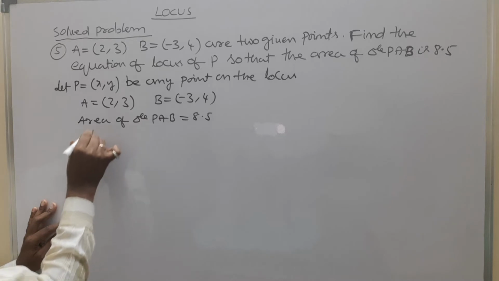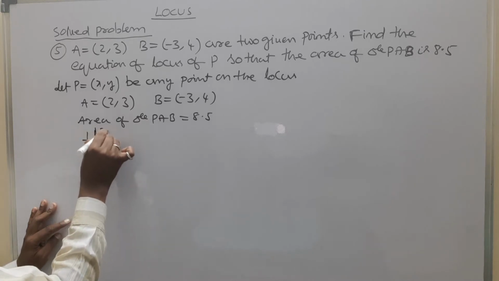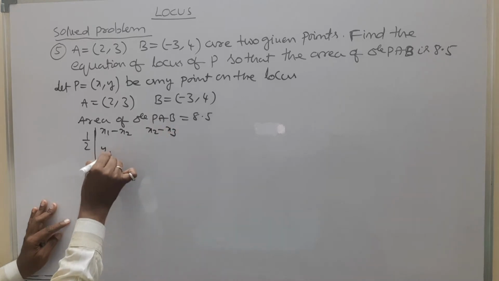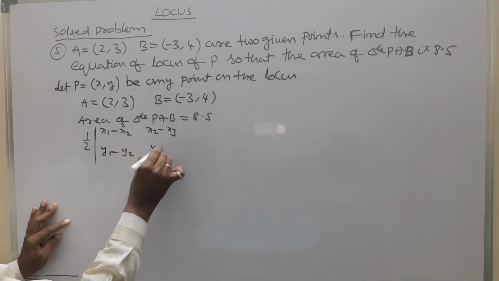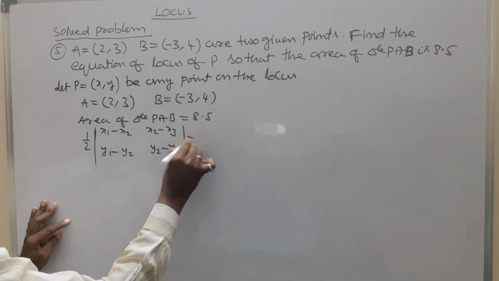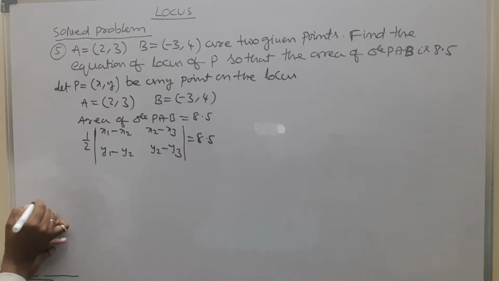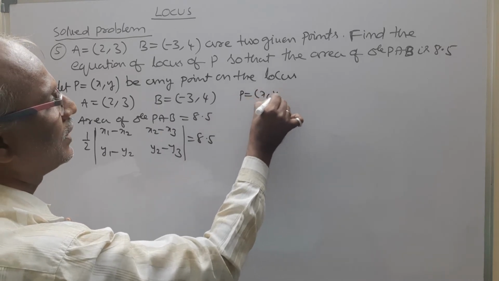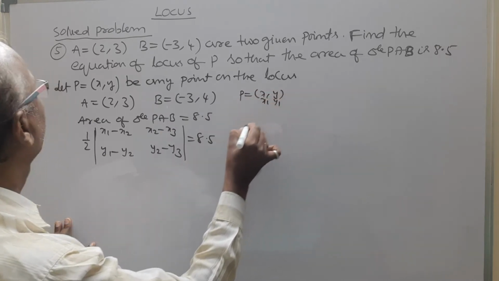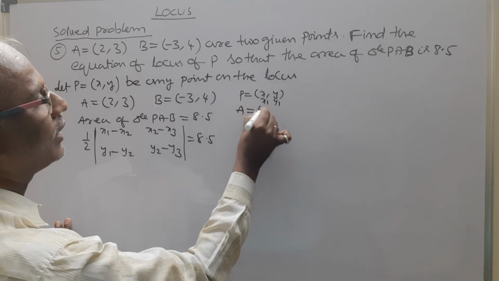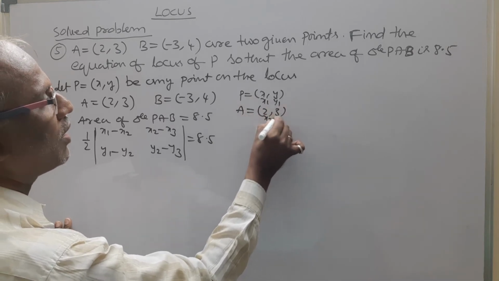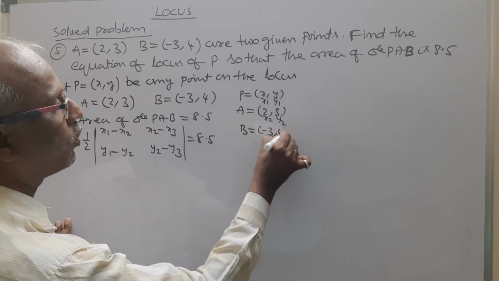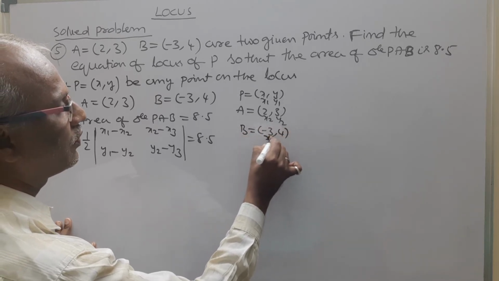Formula: 1/2 modulus of (x1 minus x2)(y2 minus y3) minus (x2 minus x3)(y1 minus y2) equal to 8.5. Here the coordinates P equal to (x, y) is (x1, y1), A equal to (2, 3) is (x2, y2), and B equal to (-3, 4) is (x3, y3).